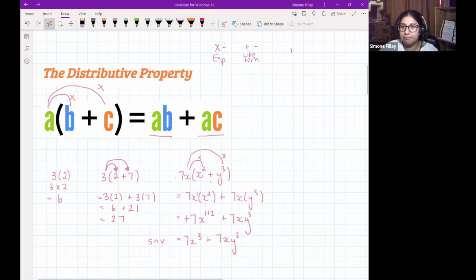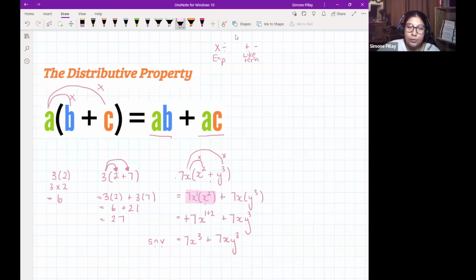Yes, Itandile. Ma'am, can I please ask, where did you get 7x to the power of 1 bracketed x to the power of 2? So are you asking me about this step over 7, here? Yes, ma'am. Okay. So remember, we are multiplying.